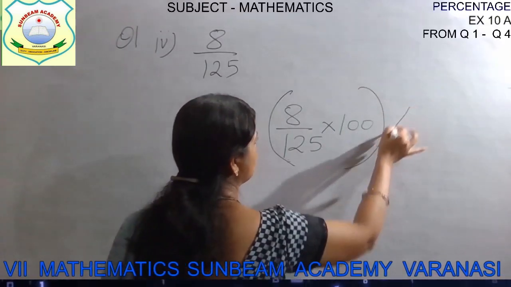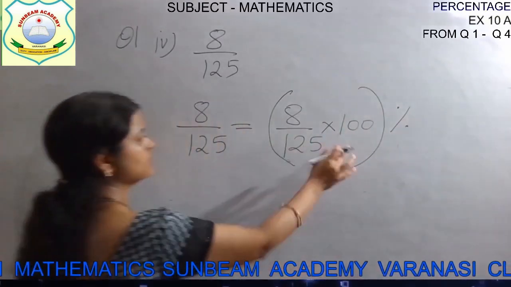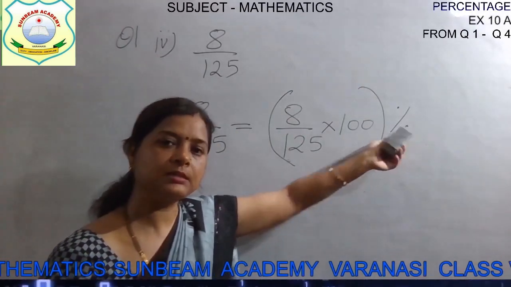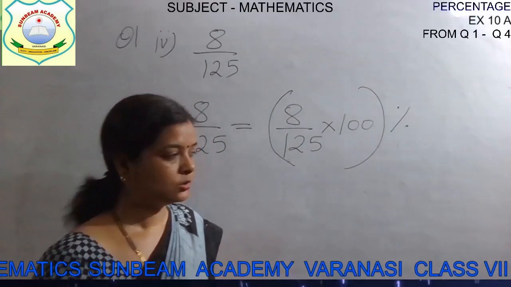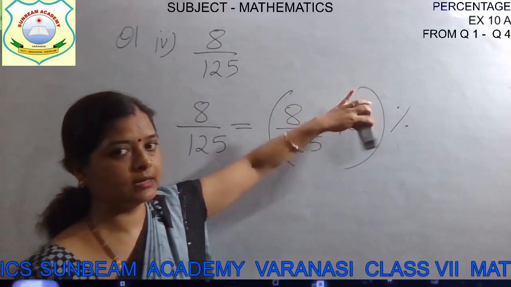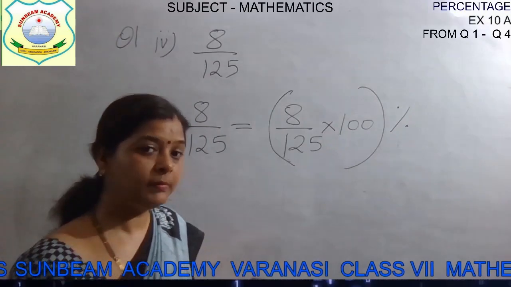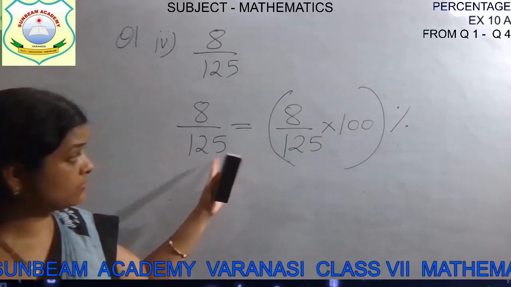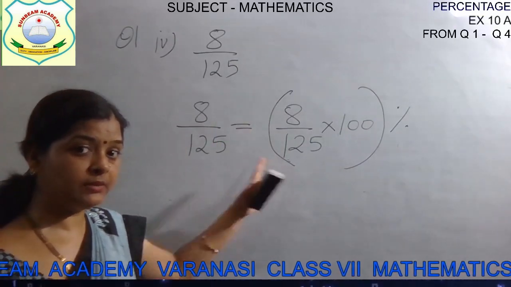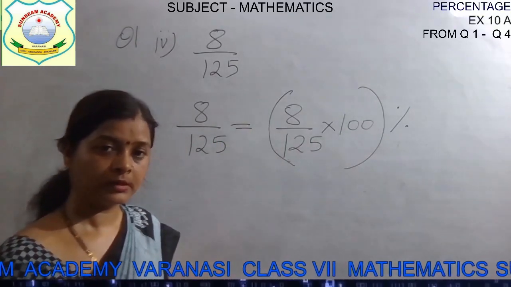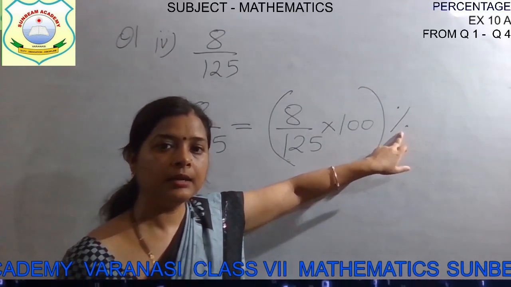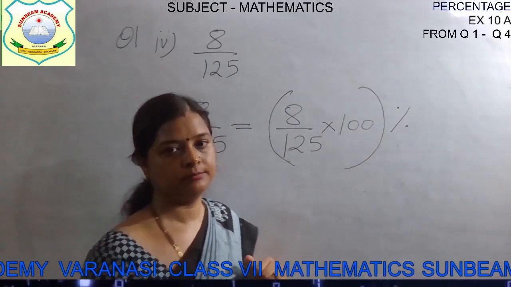Once you put the percentage sign, it means they are equal. Wherever you find this percentage sign, it means out of 100. So once you place 100 in the denominator, the 100s will get cancelled out and 8 upon 125 will be left only. That's why now this equality sign is satisfied.